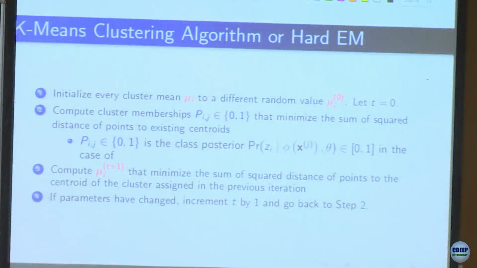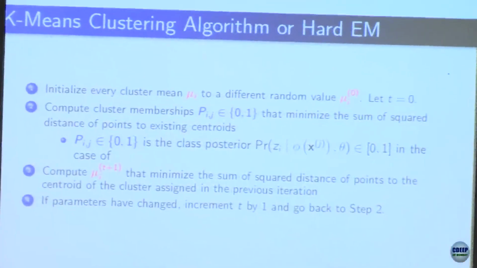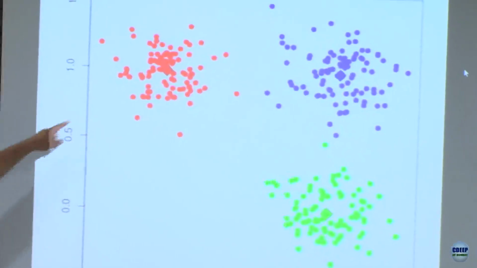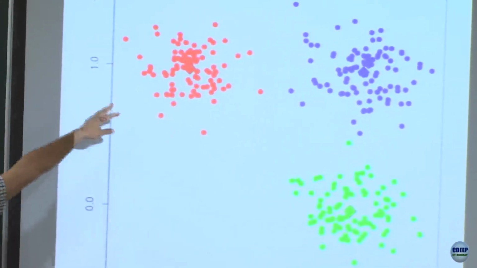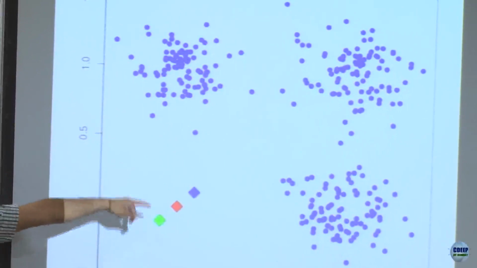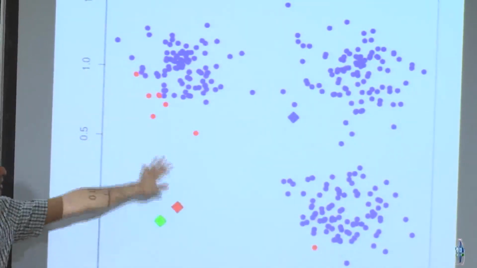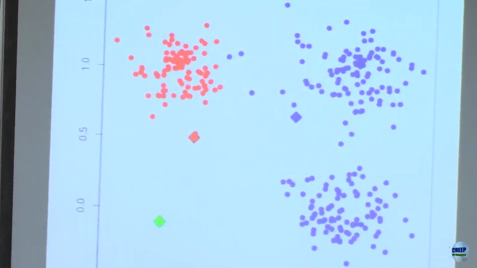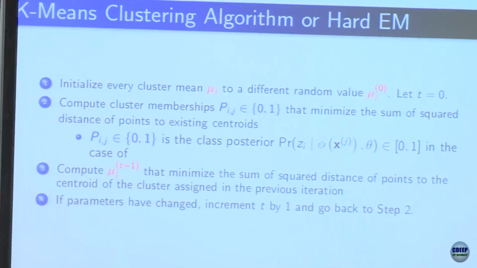Okay. Now you initialize every cluster mean to a different random value, as you saw on this GIF file. You ensure that the blue and the green and the red, the three centroids, are initially in different locations, and then you can compute the cluster membership that minimizes the sum of squared distances of points to existing centroids.